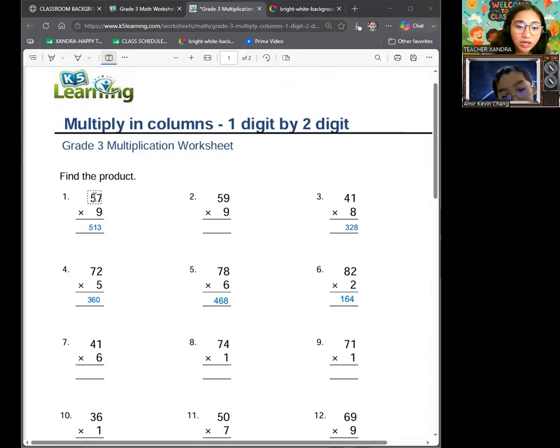You remembered to carry numbers when the product was more than 9, to the tens place. And then you added the partial products together to get the final answer, solving problems like 57 times 9 and 72 times 5 step by step.